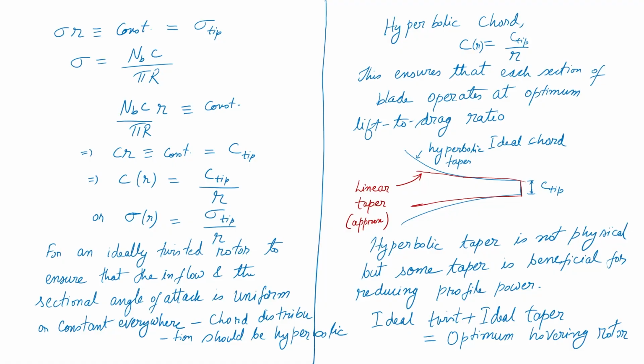So, you can understand that if I have my chord changing, my solidity is not a constant number, then solidity is a function of radial location, and based on that, one can actually define a geometric solidity, average solidity.